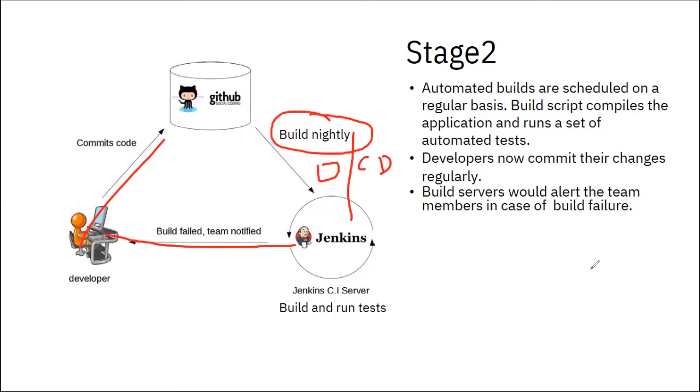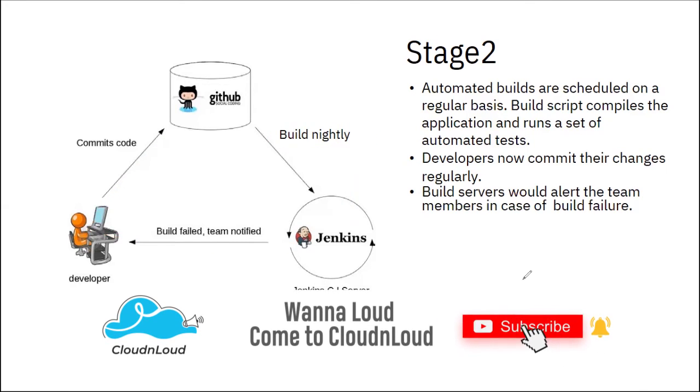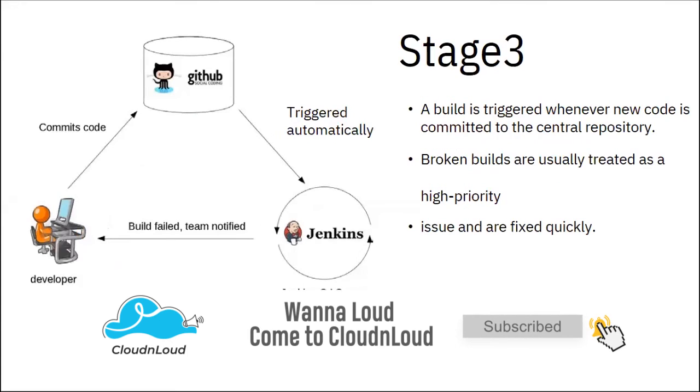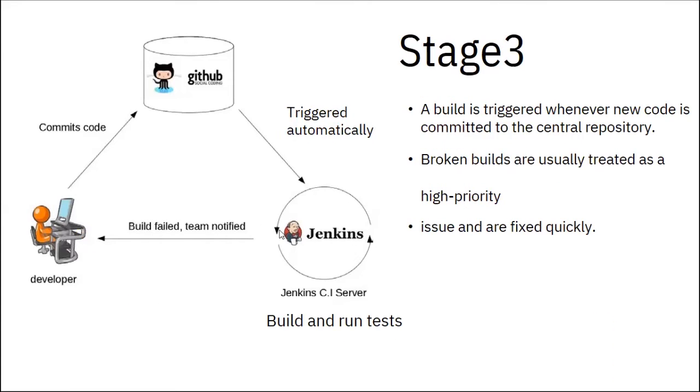And the next one is stage 3. So, the build trigger, the same process, we have split into small stages. In this stage, the build is triggered whenever there is new code. Because there was a previous failure, he fixed it, and there is a trigger. This has to happen automatically.